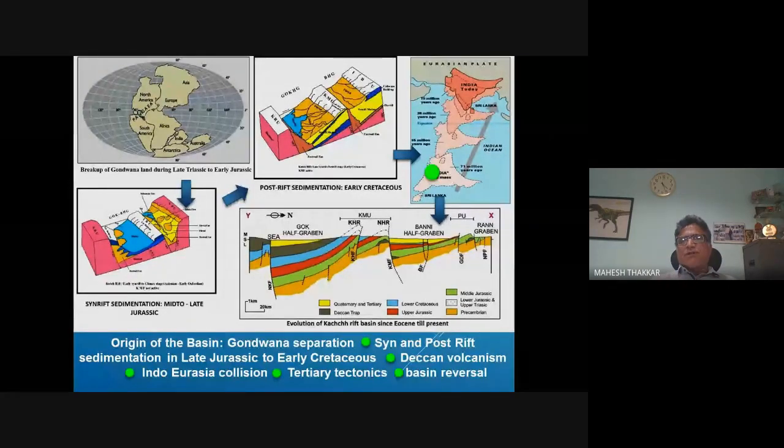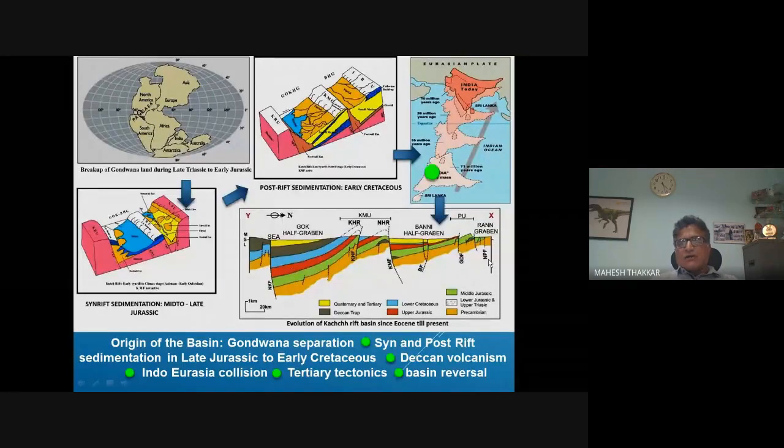So that has given rise to large-scale lava eruptions and intrusive activities in the domes, because the ridges were coming up along the faults. So these ridges have several dome systems. These domes are intruded with laccolith systems, and several dike systems also came into the picture.